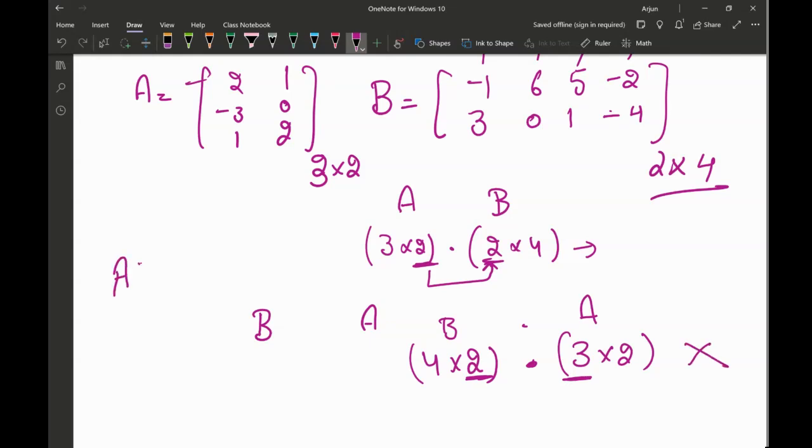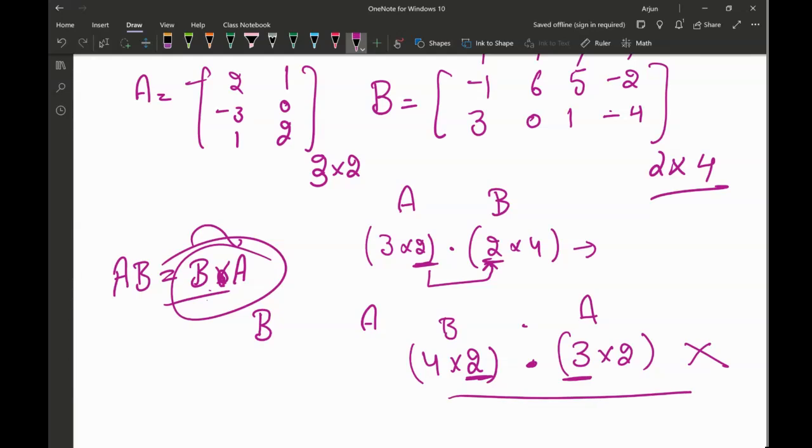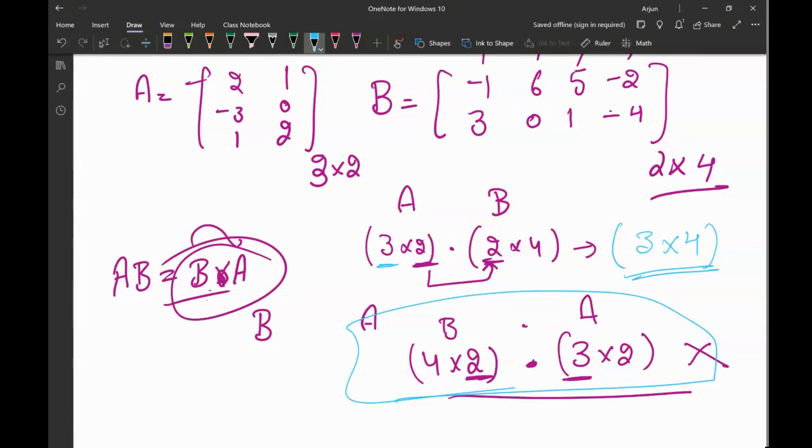So I cannot say A times B is the same as B times A. Now the final matrix for the first one will come out to be 3 times 4: 3 rows and 4 columns. And for BA, we cannot multiply these two together.